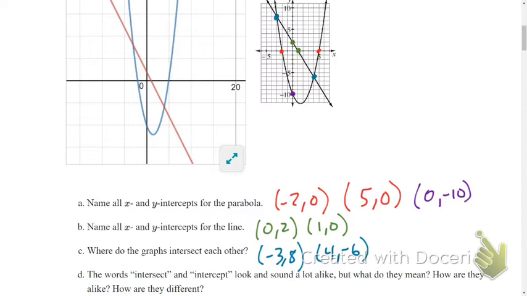And then how is that different from an intersection? Well, an intersect is where the two graphs cross each other. Okay, so that's the blue points. So one crosses the axes, the other, the graphs, crosses each other. So the intercepts cross the axes, the intersections are where the graphs cross each other. Hopefully that made sense.